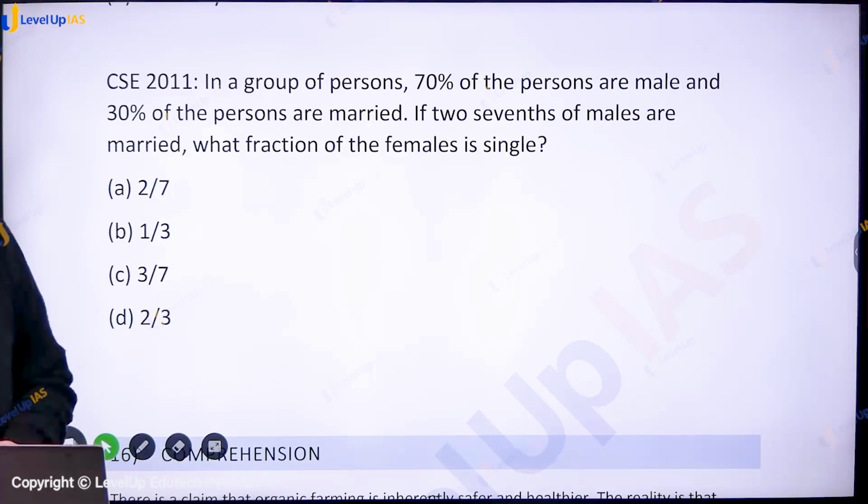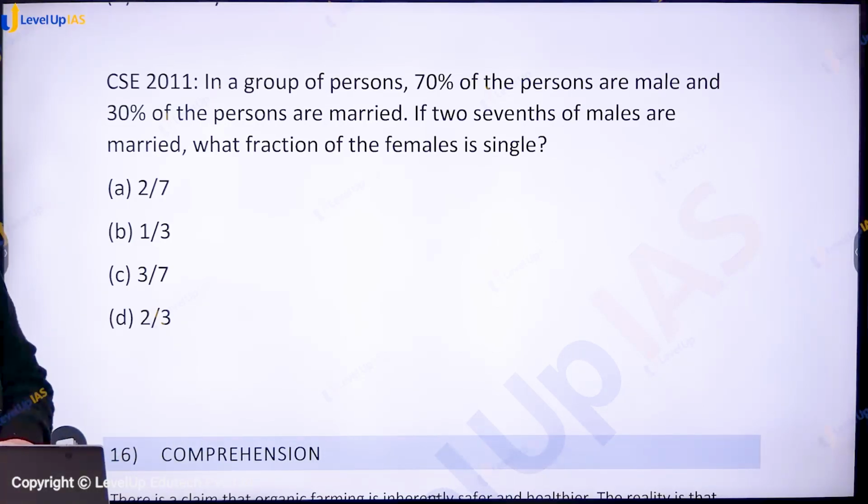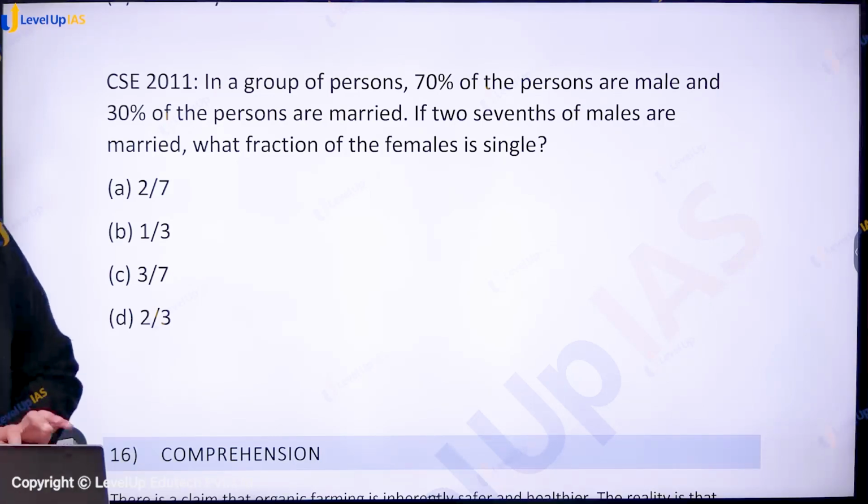Okay. Abhijit is also getting 2 by 3. Yashraj is getting B, 1/3.